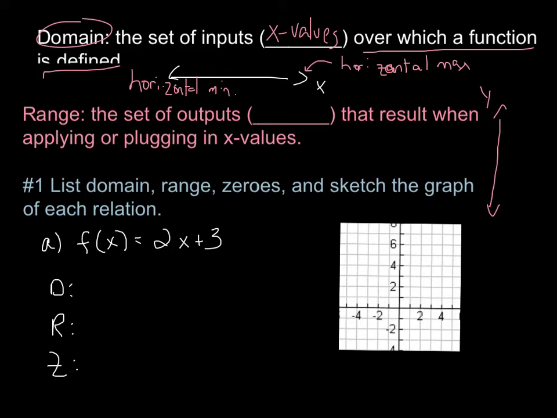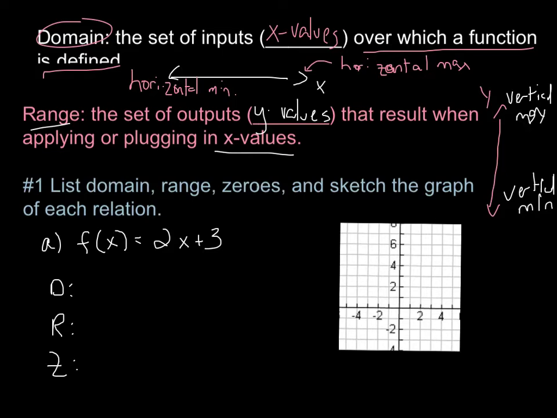The range is the set of outputs, or the set of y values that are included in a function that result when you plug in all of your x values. And here we have a vertical max and a vertical min, and the range has to do with going up and down.